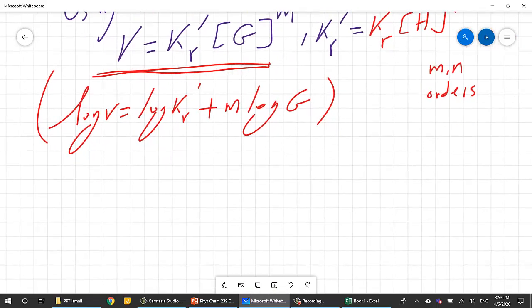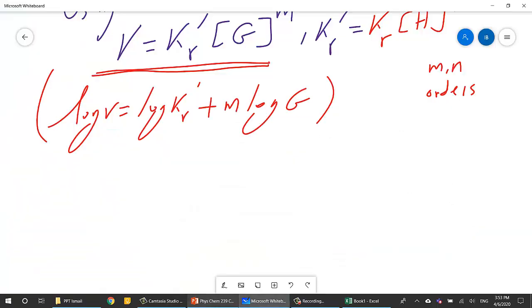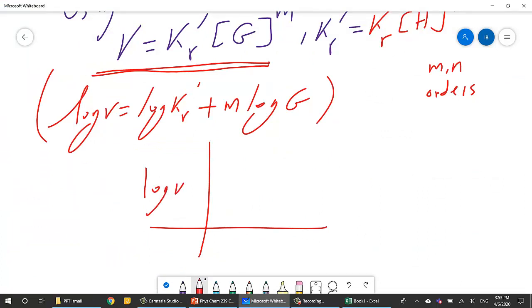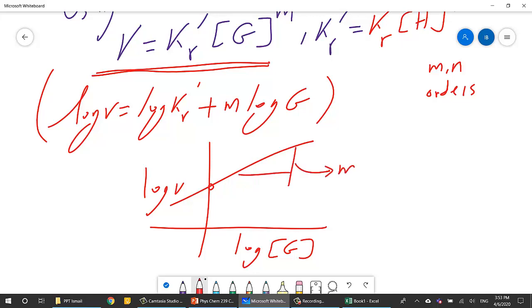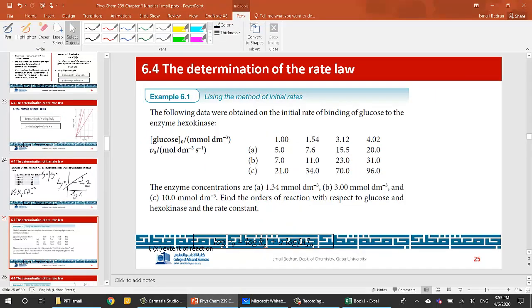That means a graph of log V versus log of the concentration of glucose should give a straight line with a slope equal to M and an intercept equal to log Kr prime. So from that you can get the slope for the glucose, and you can also get the log Kr prime for this reaction. And we did this in the next slide.